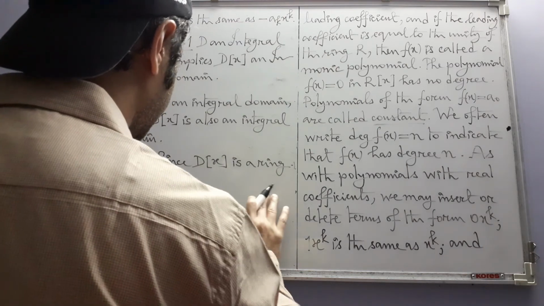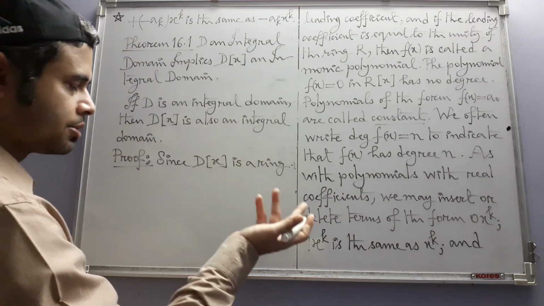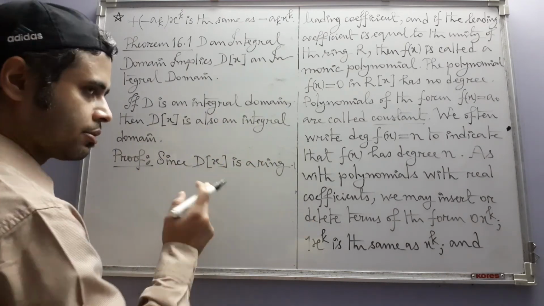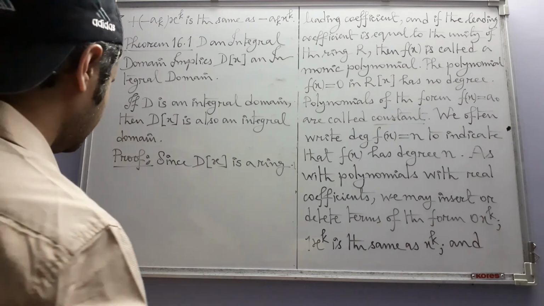So D[x] is a ring because D is an integral domain. Being an integral domain, D is a commutative ring. So this is a ring.